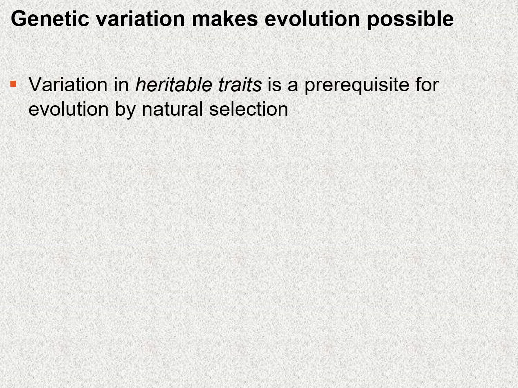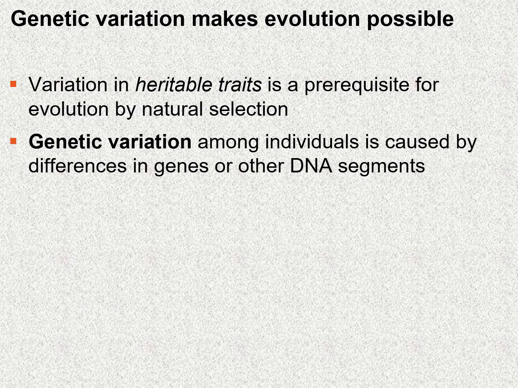Because remember, in terms of natural selection, something needs to be selected for. Now, if everyone had the same traits, then there would be nothing to select for or against. Variation in heritable traits is a prerequisite for evolution. So for evolution by natural selection to occur, it must be a trait that is heritable.